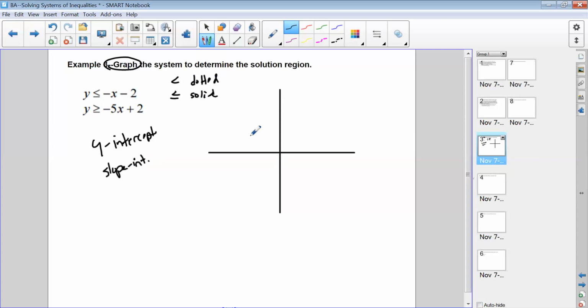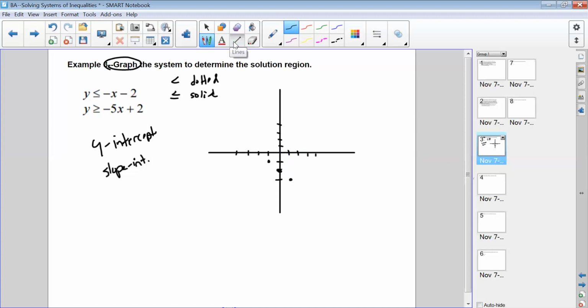So here I'm going to go down to -2, and I'm just going to add some more tick marks here. I'm going to go down to -2, put my y-intercept, and then I know it's a negative slope, so I can decrease 1 and increase 1, or I can increase 1 and decrease 1.